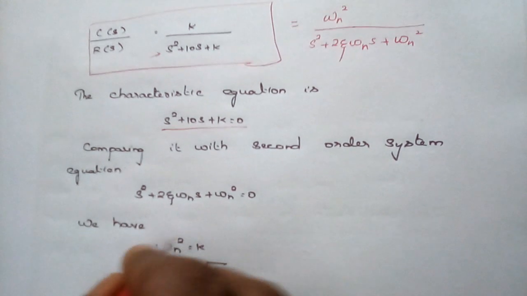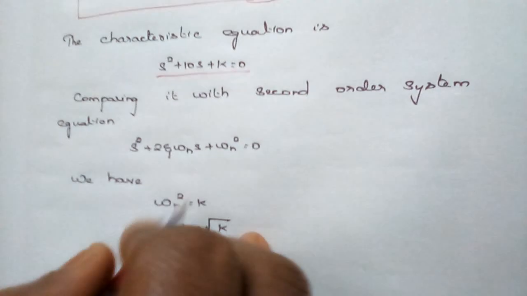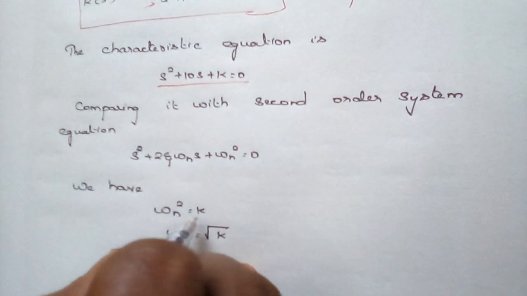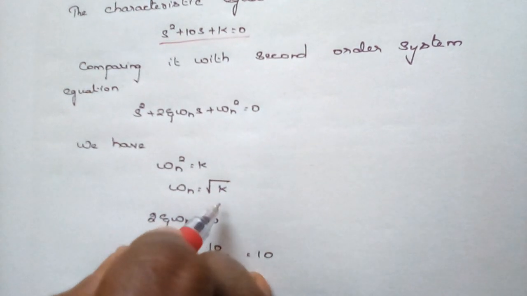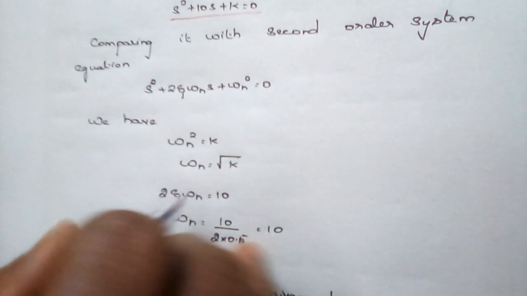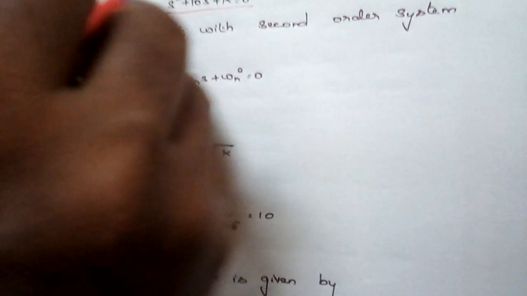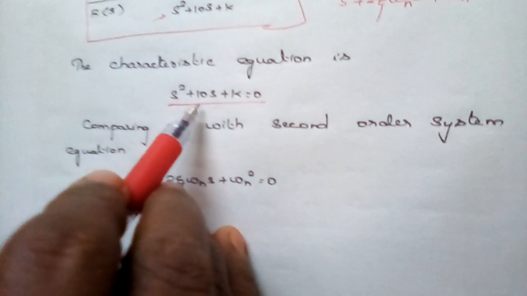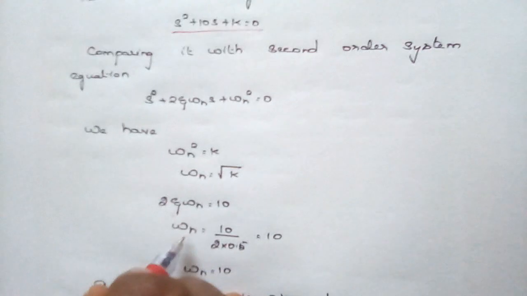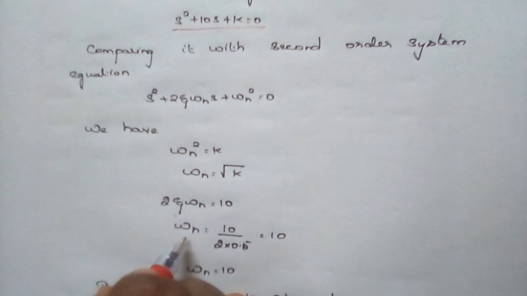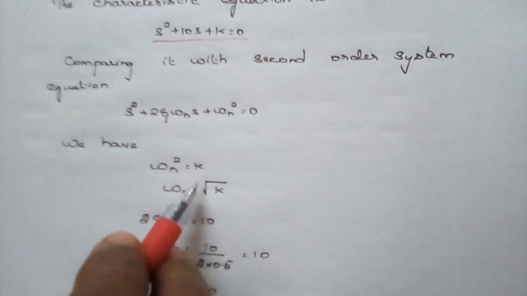By comparing, I get omega n square is equal to K, and while omega n square is equal to K, omega n is equal to root of K. And I also have 2 zeta omega n equal to 10 in the characteristic equation, right? I'm writing 2 zeta omega n is equal to 10, and by this I can find out the omega n value, which is equivalent to the K value.